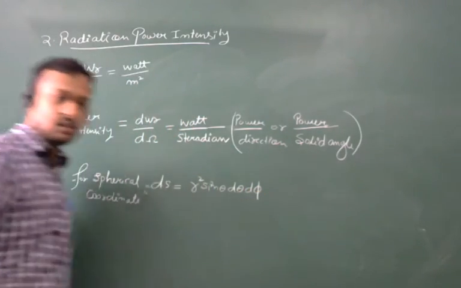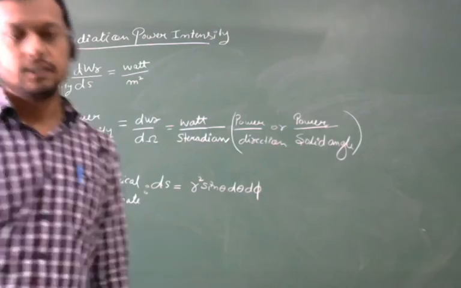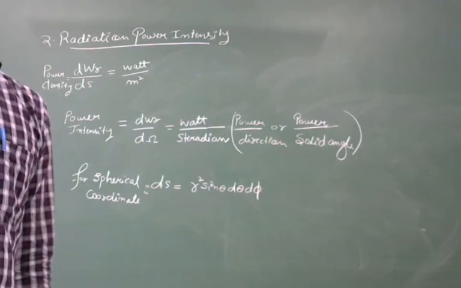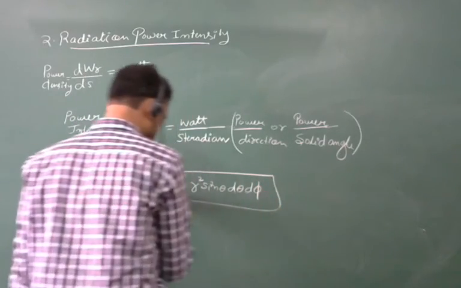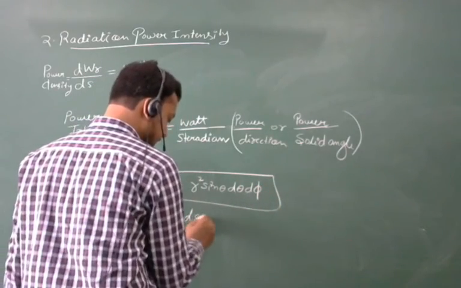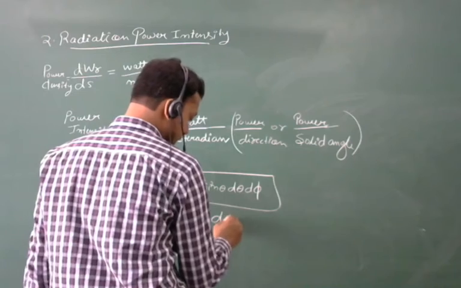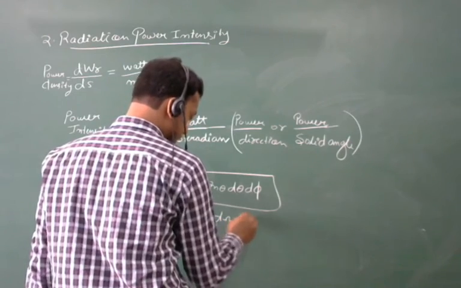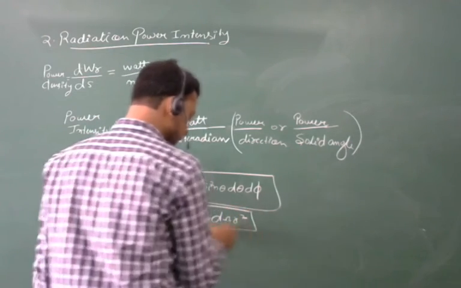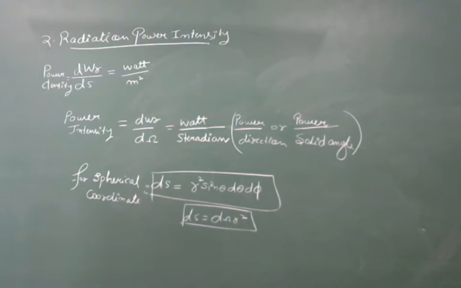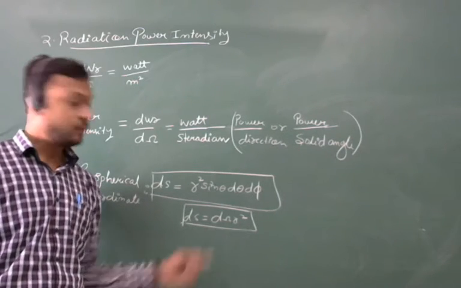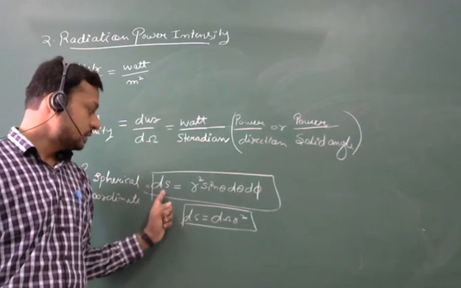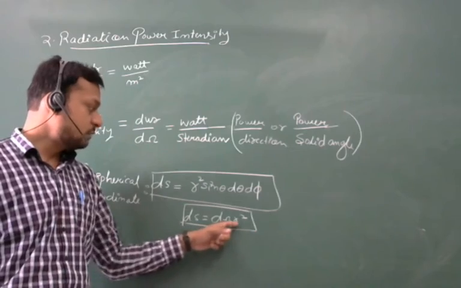So ds is equal to r squared sine theta d theta d phi. And we have a relationship that ds is equal to d sigma into r square.